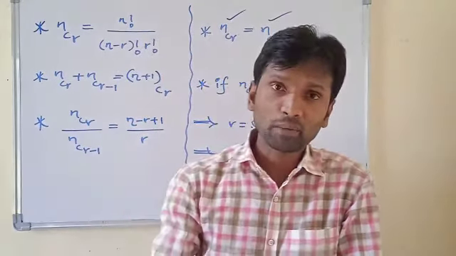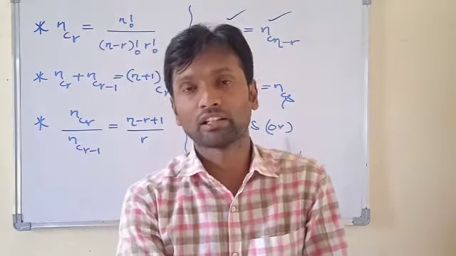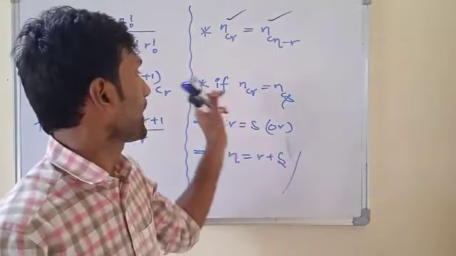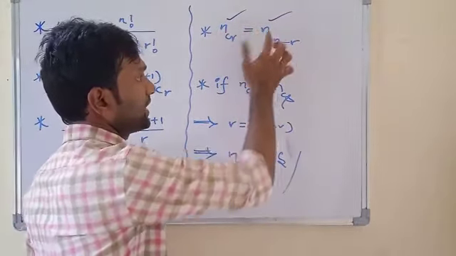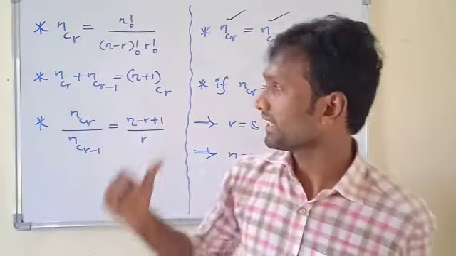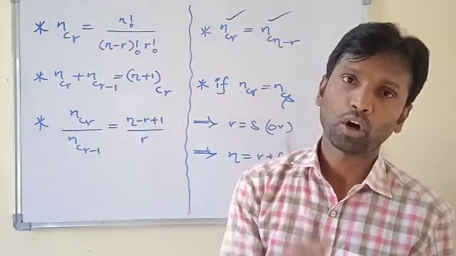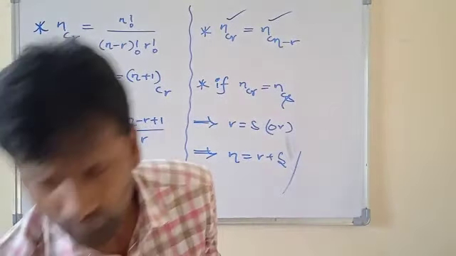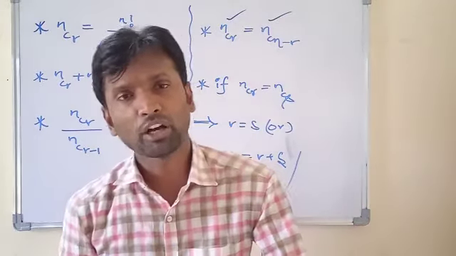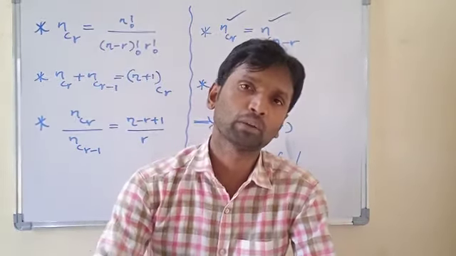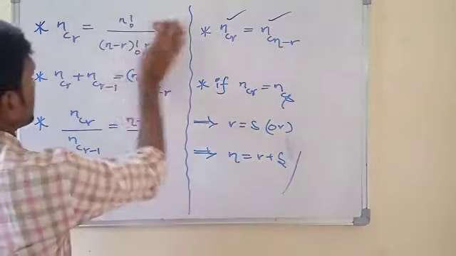So under the binomial theorem for positive integer index, n is always a positive integer. Now we are going to see examples on the standard results of the binomial coefficients given in previous JEE Mains exams.